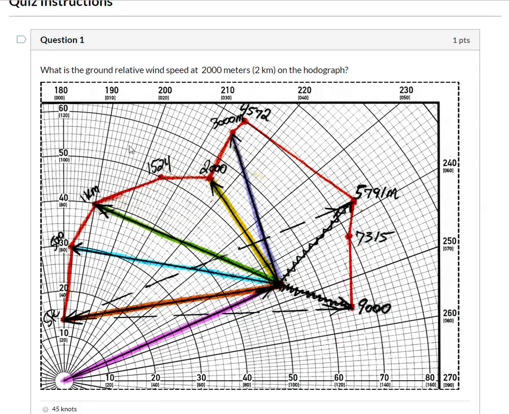I can't remember, but anyway, this is all you need to know: on a hodograph, you have an x-axis and a y-axis, and your wind speed is 10, 20, 30, 40, 50. It's along these radials, and 10, 20, 30, 40, 50 again, all the way out to however far it is in knots, 80 on the x-axis and a little over 60 on the y right here.